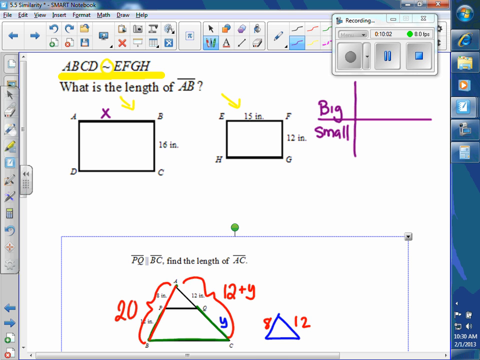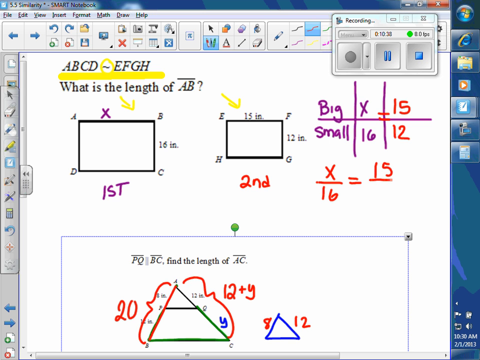So you could say the big side to the small side in the first figure has to be in the same ratio as the big side to the small side in the second figure. And then you're just going to solve that ratio proportion. So you have x over 16 is equal to 15 over 12.